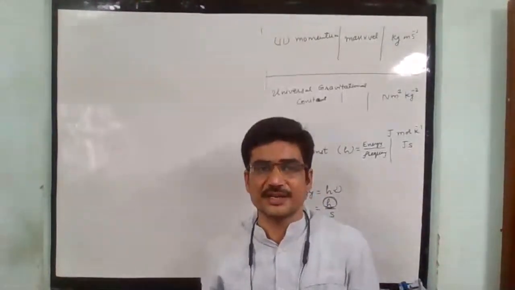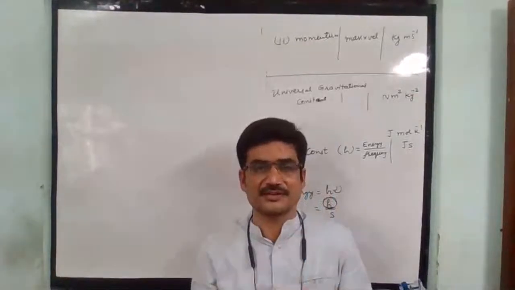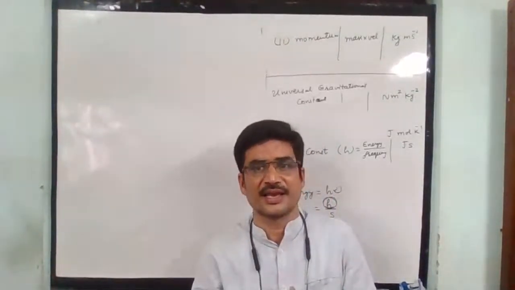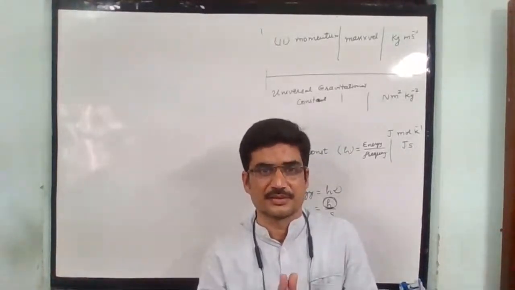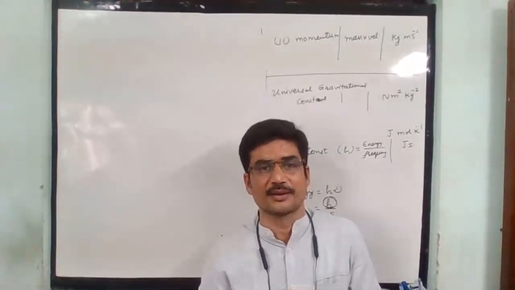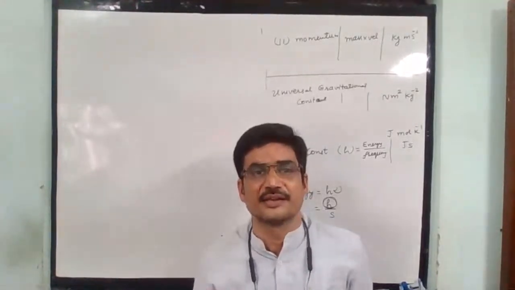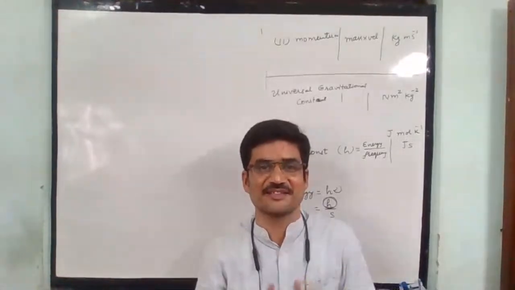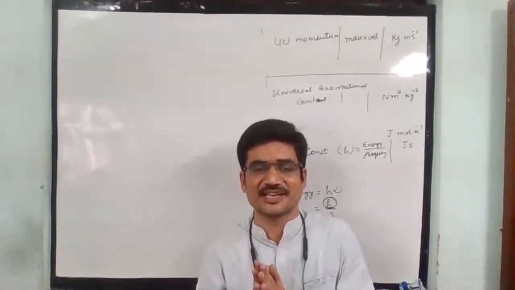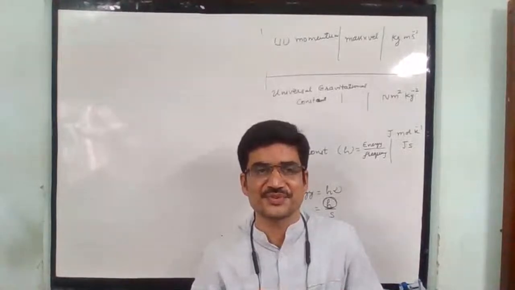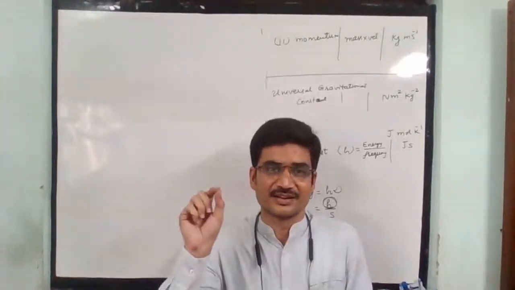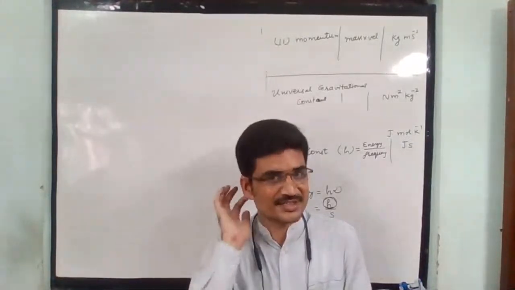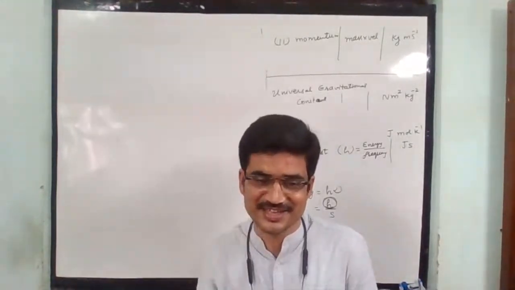See, suppose sometimes we are solving some questions in maths, and you have observed that you have an answer coming in decimals, and sometimes a student writes two places after the decimal, sometimes three places, sometimes four places.